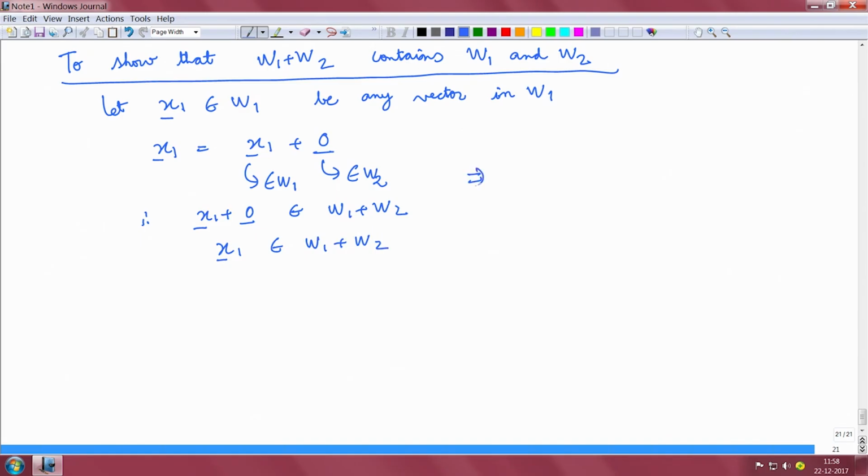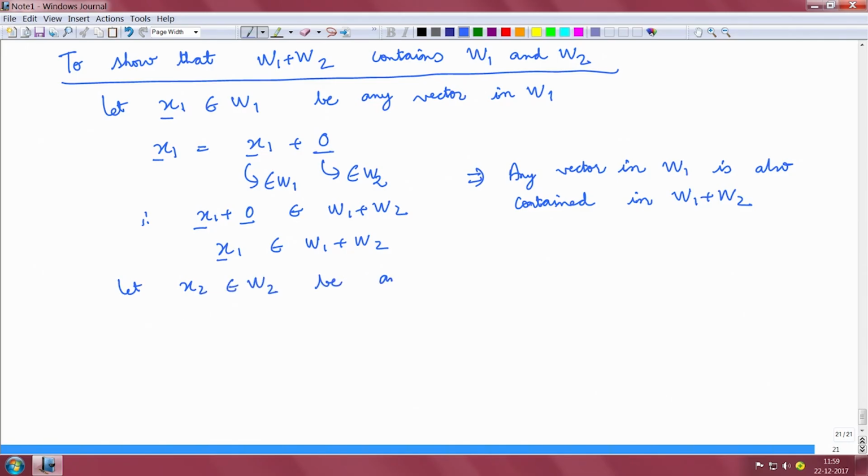So, this implies that any vector in W1 is also contained in W1 plus W2. Similarly, let x2 be any vector in W2.